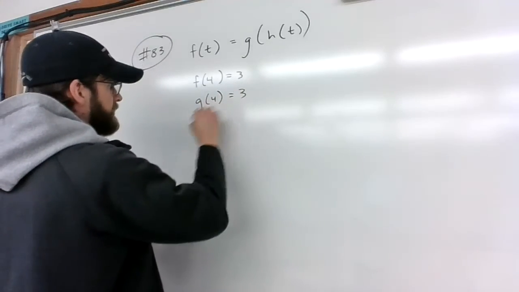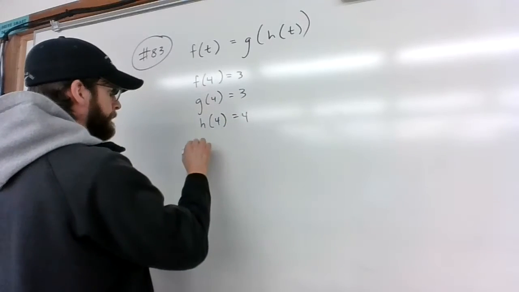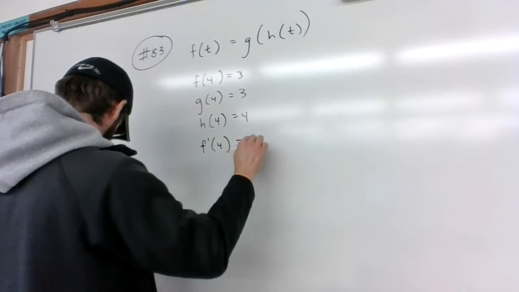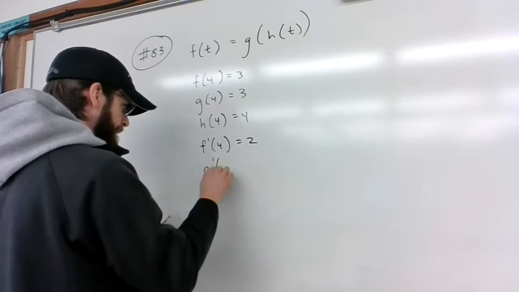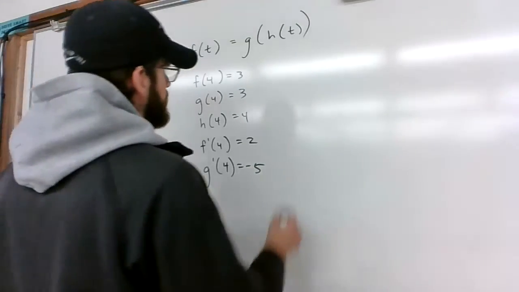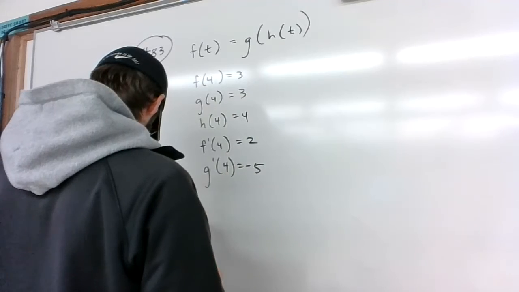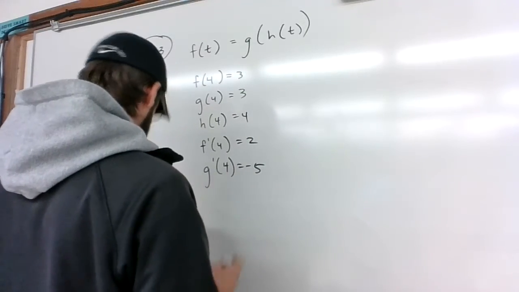H of 4 is also 3, and the last given is 4. They want us to figure out what h prime of 4 is.